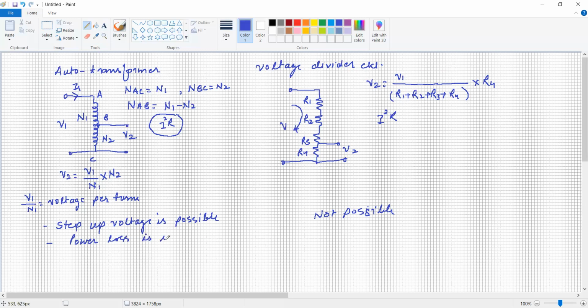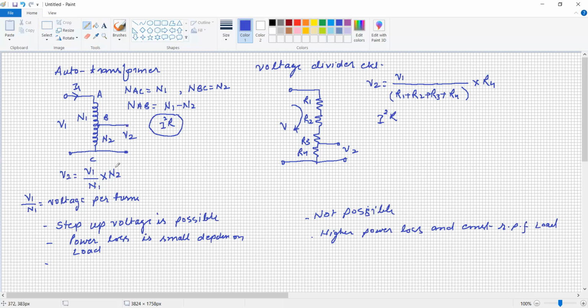In the auto transformer it is small and depends on load, whereas in the voltage divider circuit there is a higher power loss, and it is constant irrespective of the load condition. Now the third point is that here the step up is possible, which has been taken.